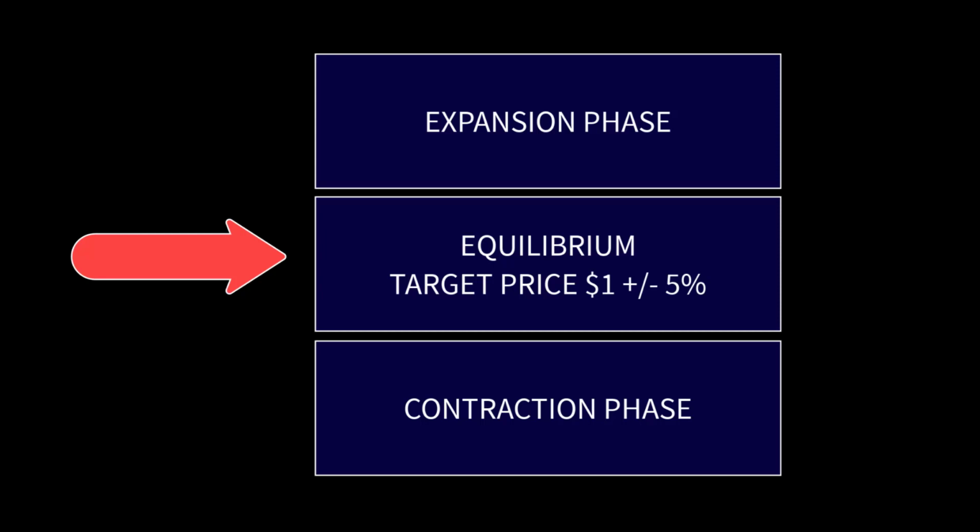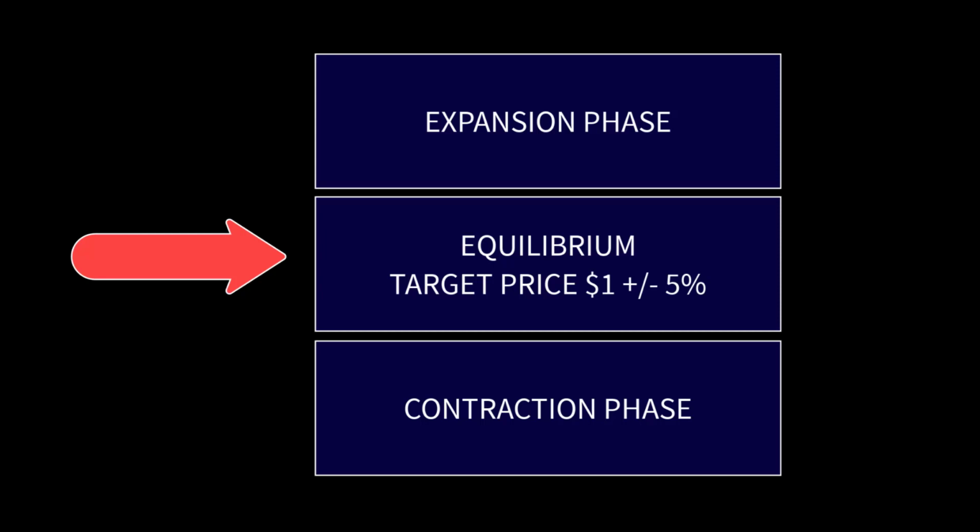And they do it in increments. If they need to do a 10% increase in the supply, they may do it in 5 increments of 2%. So they'll expand the supply by 2%, and then they'll wait and see if the price responds. If it does not respond, they will expand the supply another 2%, and they will continue expanding the supply until the price responds and comes back into equilibrium.